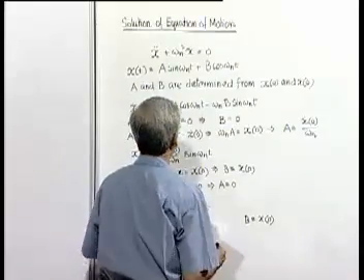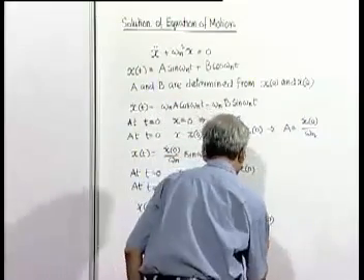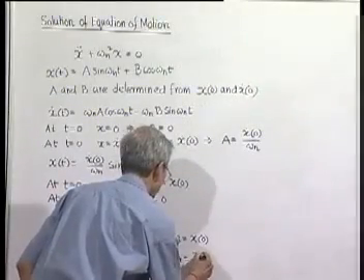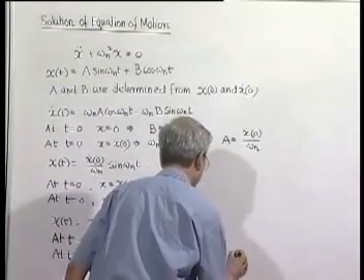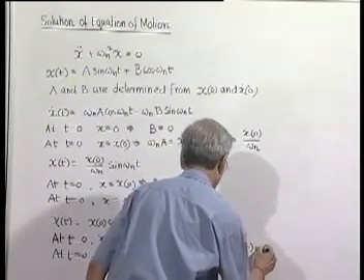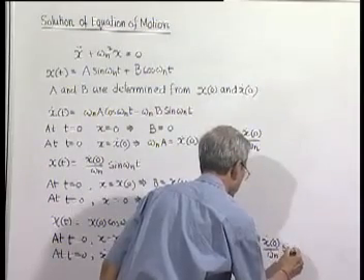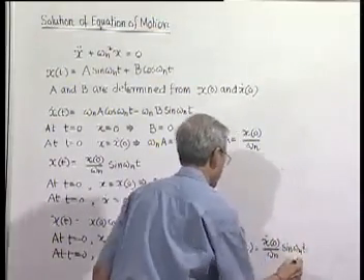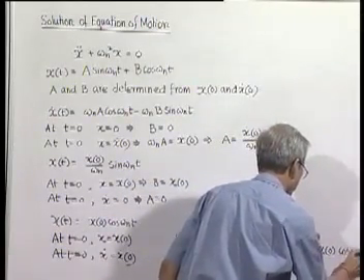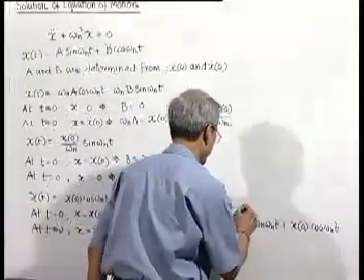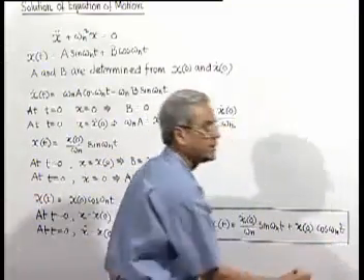Similarly, from this is 0, this is omega n A, A is equal to... and the solution is finally... this will be the most general solution.